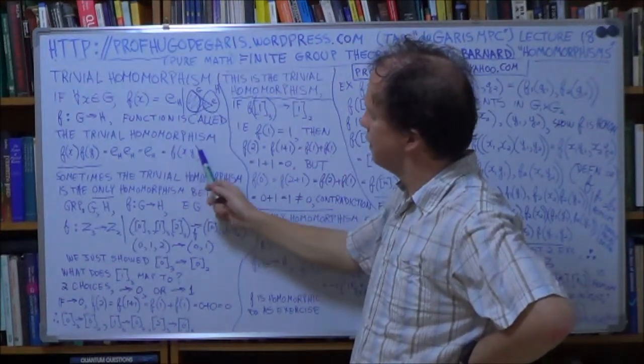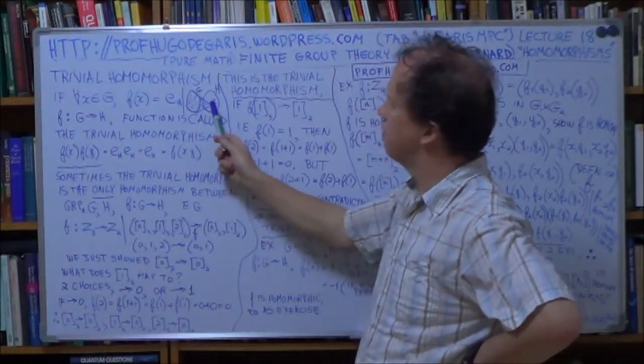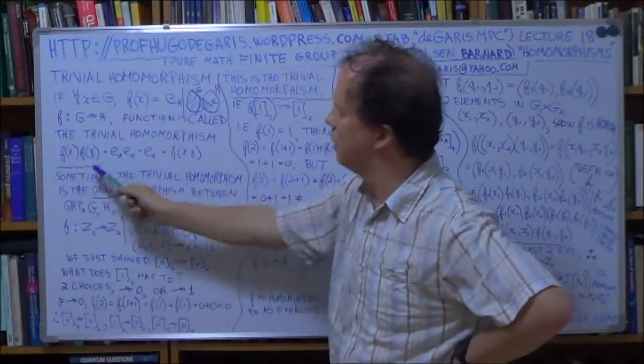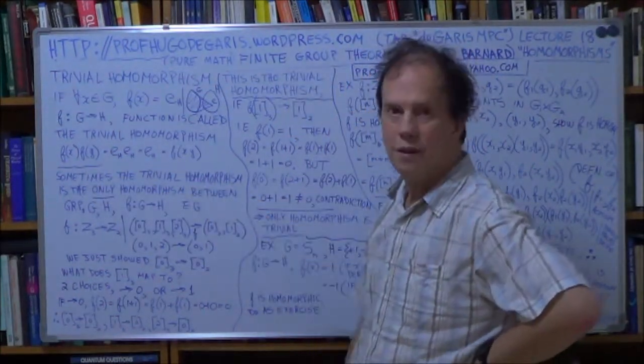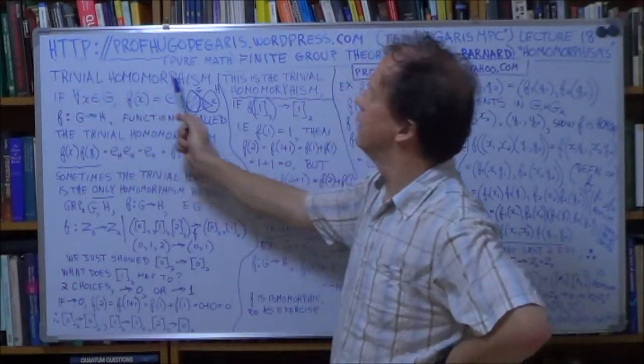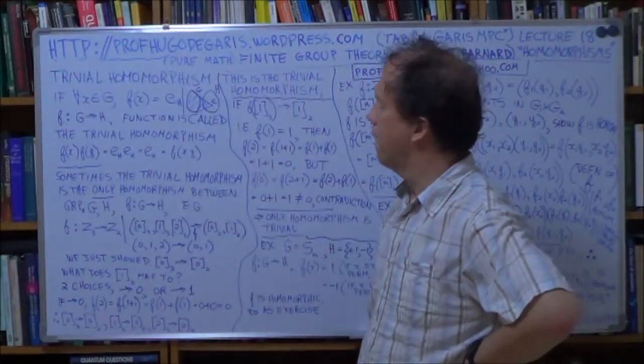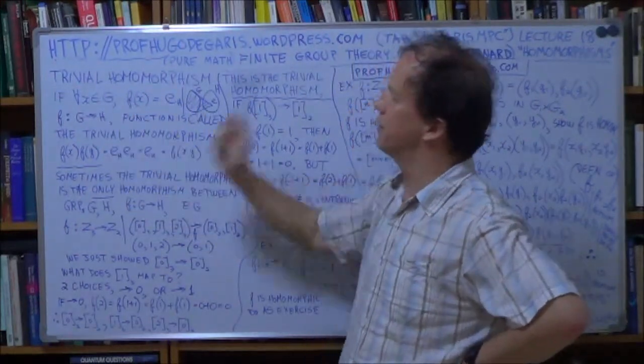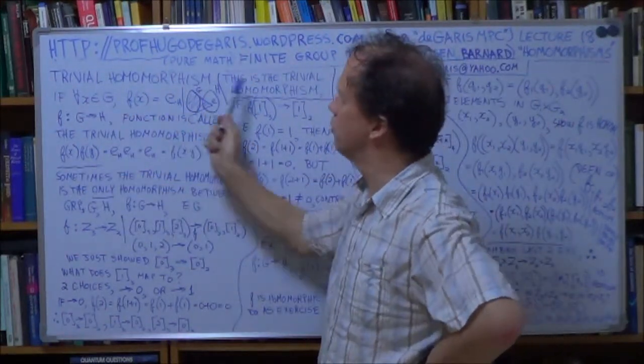Whatever element this is, because everything gets mapped to E, this too will get mapped to E. And therefore you've got f(x)f(y) equals f(xy). So this mapping is a homomorphism. There's the proof that it is a homomorphism.